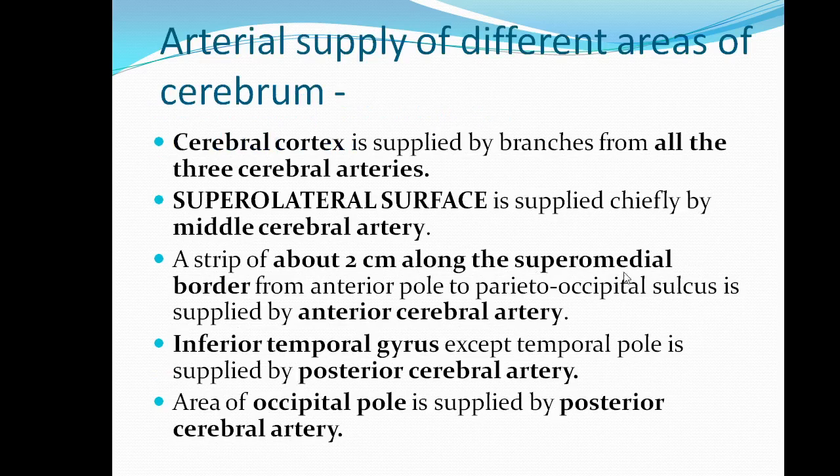Then the arterial supply of different areas of the cerebrum. The cerebral cortex is supplied by branches from all the three cerebral arteries. The superior surface is supplied chiefly by the middle cerebral artery.